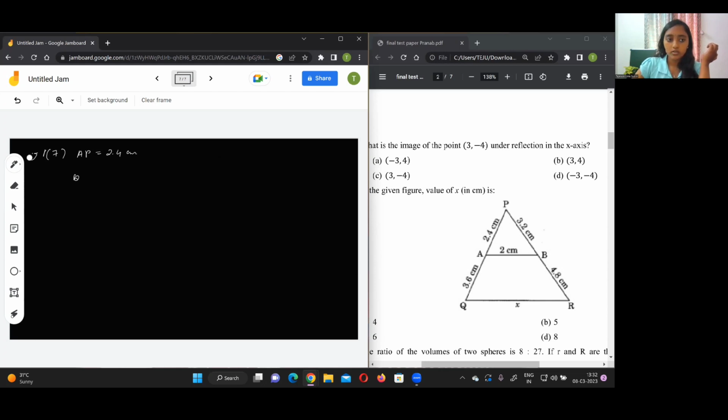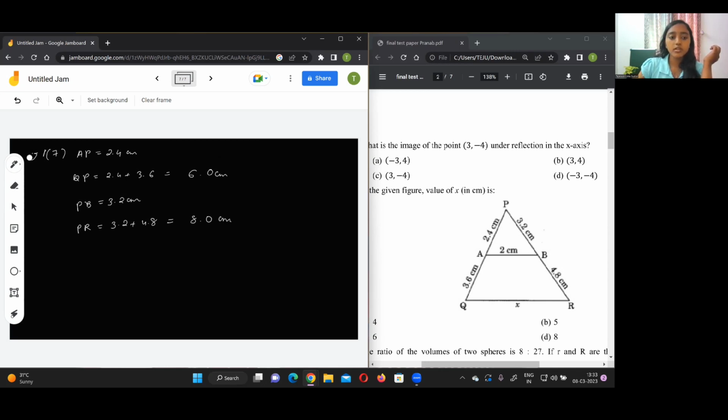QP will be equal to 2.4 plus 3.6, which is 6 centimeters. Similarly, PB is equal to 3.2 centimeters and PR will be equal to 3.2 plus 4.8, which is 8 centimeters.